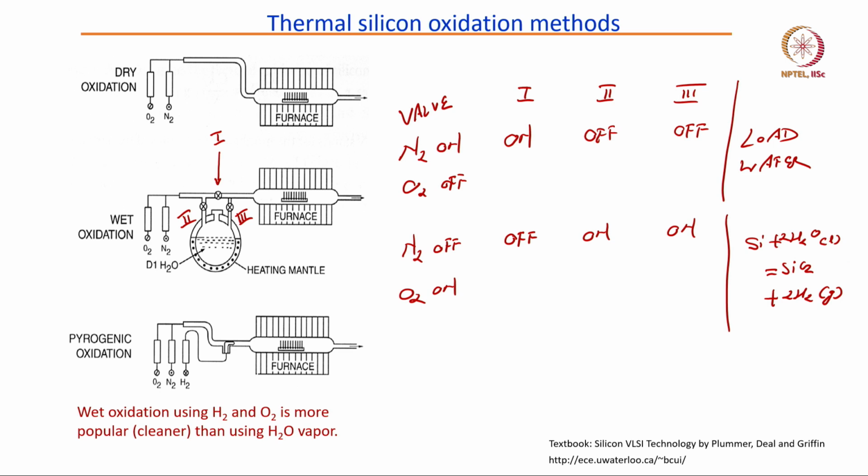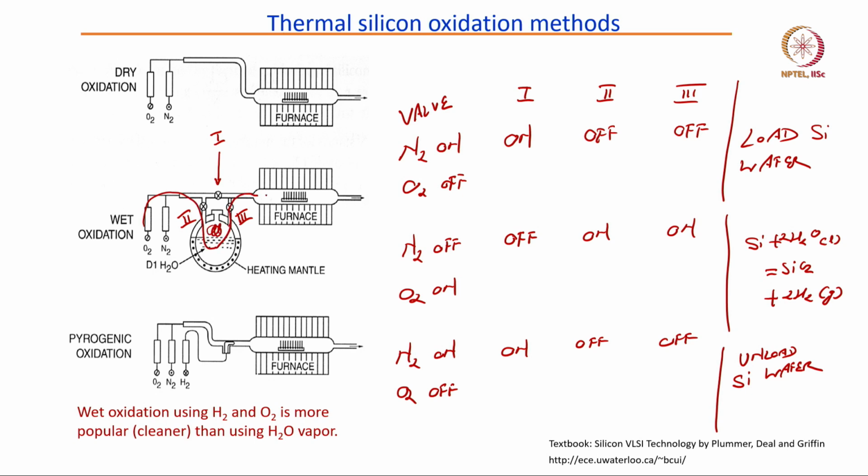Then in the third step, when you are unloading the wafer, your N2 is again on, O2 is off, valve 1 is on, valve 2 is off, valve 3 is off. When valve 2 and 3 are on, the oxygen passes through the bubbler and takes the water vapor, and the water vapor will go inside. That is what happens in this particular case. This is your wet oxidation technique.